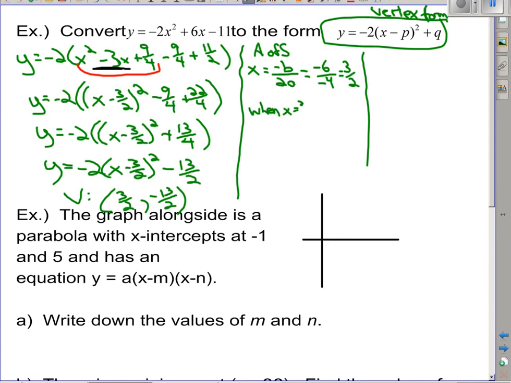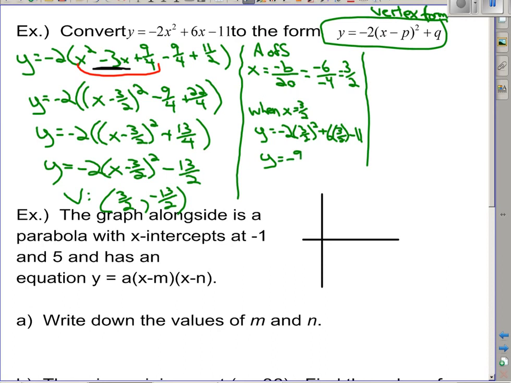When x equals 3 over 2, we can sub that in for y. y equals negative 2 times 3 over 2 all squared, plus 6 times 3 over 2 minus 11. Okay, that's going to give us 3 over 2 squared would be 9 over 4.